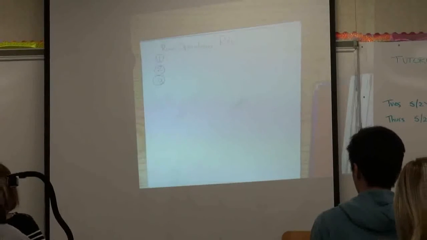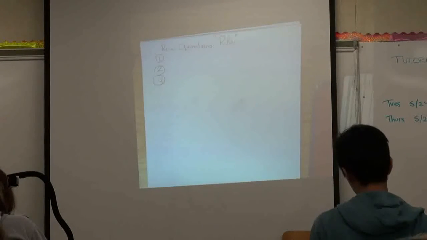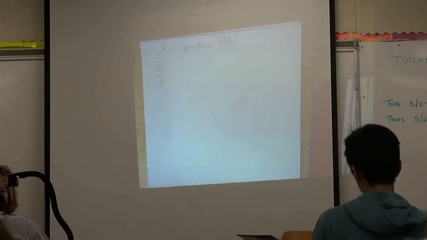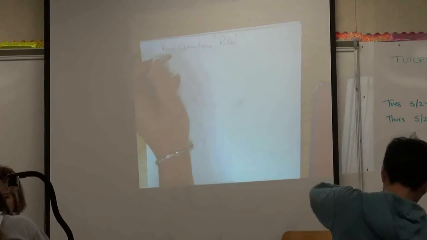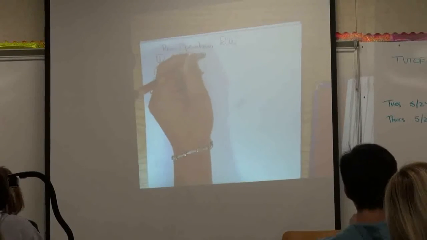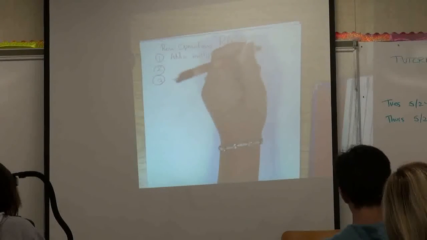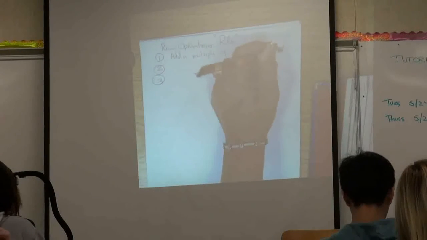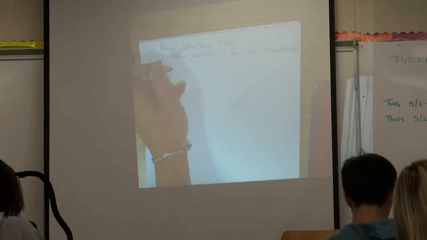There were 3 fair moves with row operations. 3 things you were allowed to do. Any recollection, Jake? You could add an entire row to another row. Okay. Add a multiple of 1 row to another row. What else could you do?